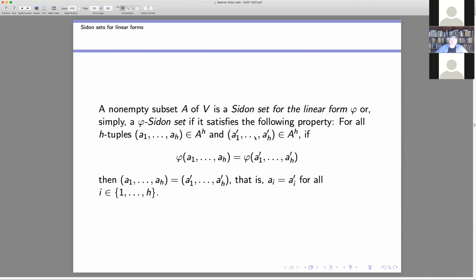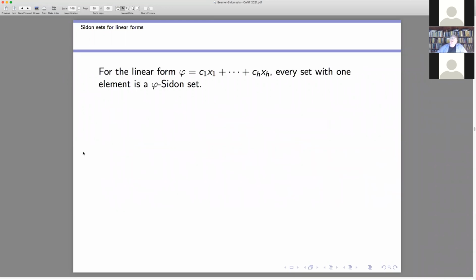If you take two H-tuples, A1 up to AH and A1 prime up to AH prime, the only time phi of A1 up to AH equals phi of A1 prime up to AH prime is if the two H-tuples are the same. The direct question is, if you're given a linear form, what are the Sidon sets for that linear form?